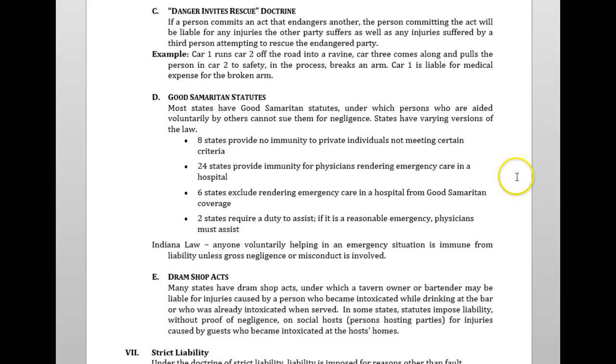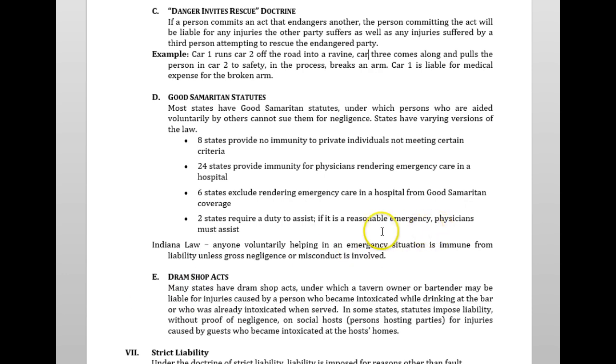Here's an example. There's 8 states that provide no immunity to private individuals. 24 states provide immunity to physicians rendering emergency care in a hospital. 6 states exclude rendering emergency care in a hospital. 2 states require a duty to assist if it's a reasonable emergency.